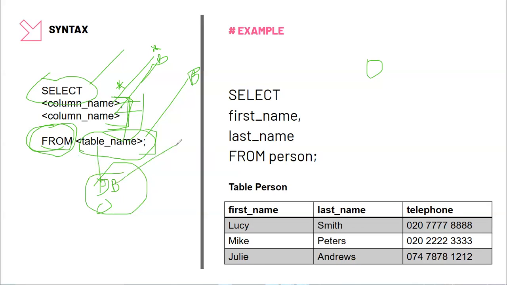If the database has 10 tables or 20 tables or 50 tables, I cannot just tell it select anything. I have to know what I want to select, and on what table is what I am selecting from. So that is what we have here.